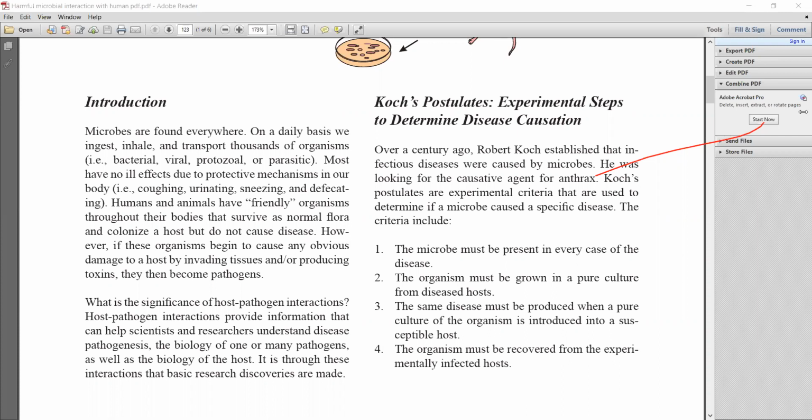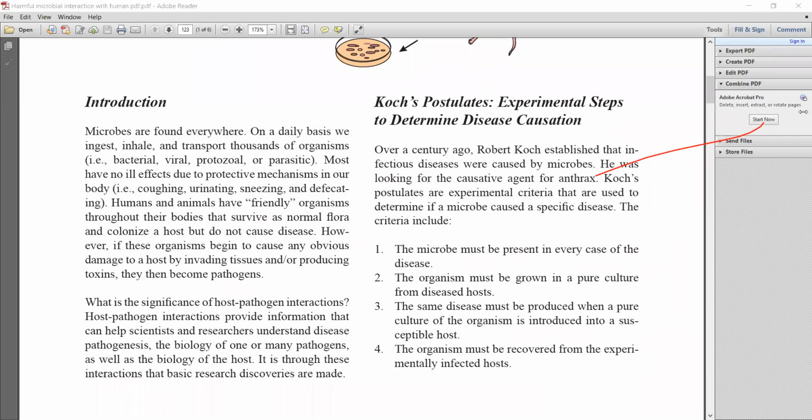What is the significance of the host pathogen interaction? Host pathogen interaction provides information that can help scientists and researchers understand disease pathogenesis, the biology of one or many pathogens, as well as the biology of the host. It is through this interaction that basic research discoveries are made.